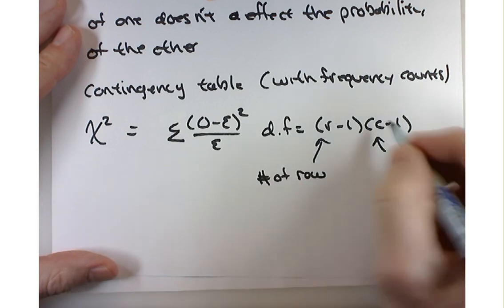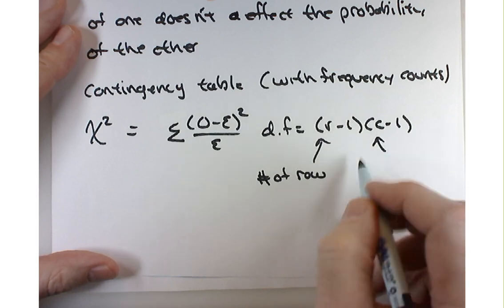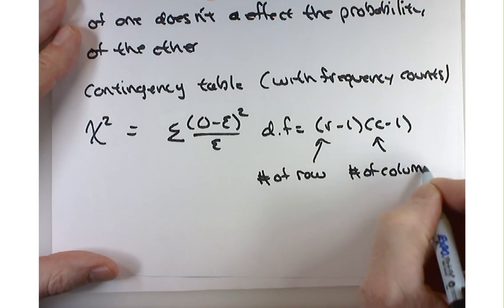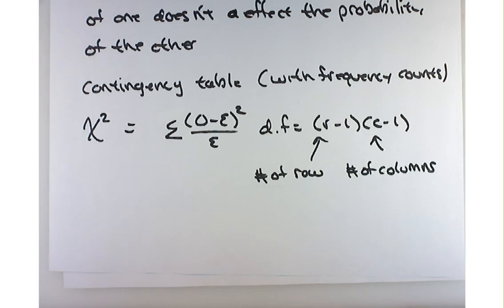Number of rows and number of columns. Now you can do this for pretty much any size table that you want, as long as your expected frequencies are at least 5 in every position.